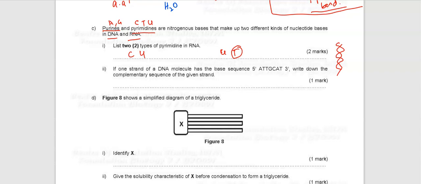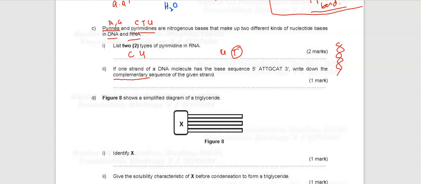So for one mark you have to write down the complementary sequence. We use the word complementary because A will pair with T, G will pair with C, for example. 5 pairs with 3, 3 pairs with 5. So they complement each other.